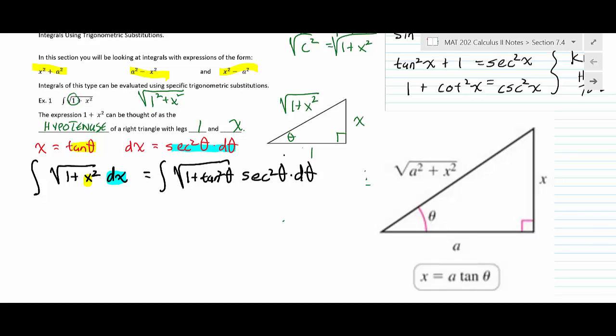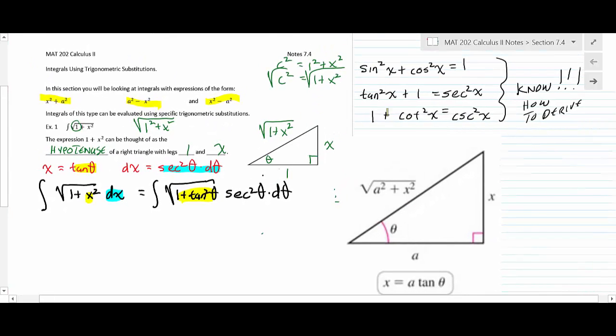All right, okay. Now, let's think about why this might be a good approach to doing this integral. First of all, if you look at this thing right here, we have an identity that will make that very helpful, right? If you look at your trig identities, we know that 1 plus tangent squared is secant squared, right?